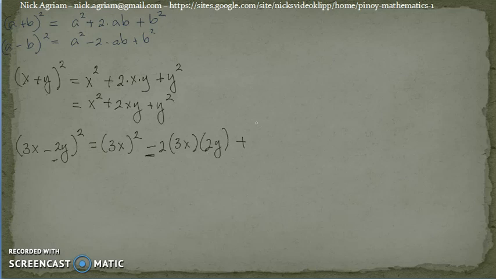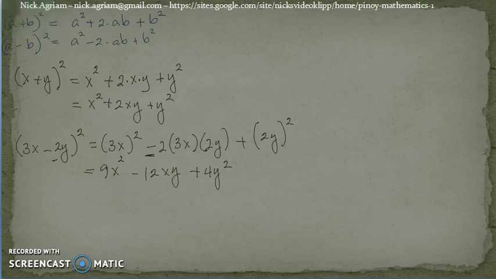So remember that. And then we have the last term, 2y squared. In the last term, you can even use minus 2y, but it doesn't matter. Then simplify. Then we have 9x squared. And then we have 2 multiplied by 3 is 6, multiplied by 2 is 12. So negative 12xy. And then the last term will be 4y squared.